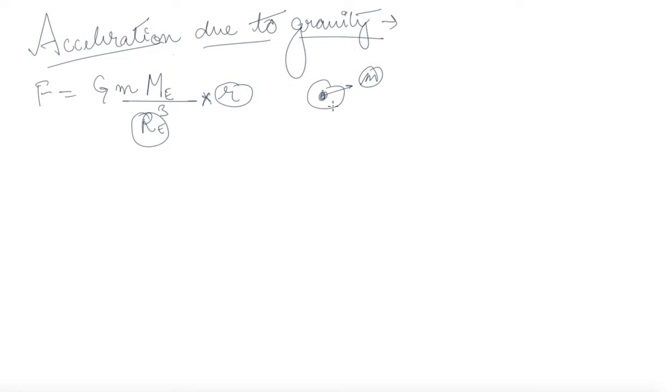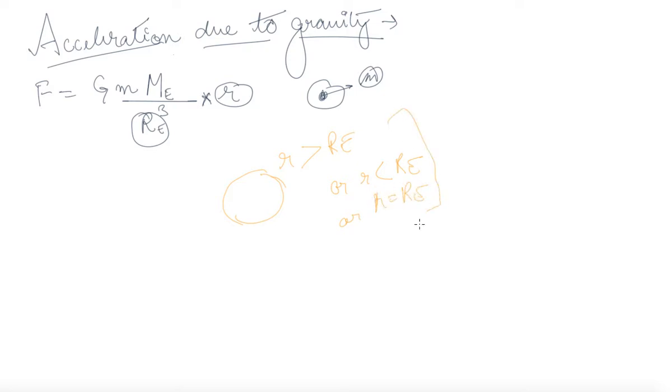Now another thing that we can say is that there are conditions regarding r. Now r can be greater than R_e, or r can be less than R_e, or r can be equal to R_e.